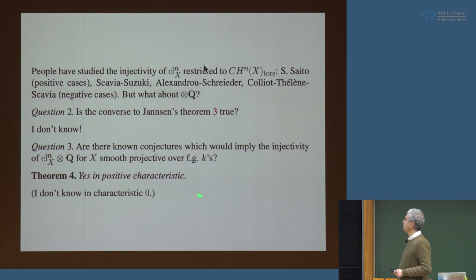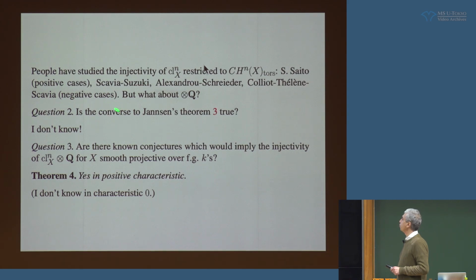If you look at the literature, you see that people study the injectivity of this cycle class map, but only with respect to the torsion of the Chow group. There are some positive results in the same paper of Shuji. And then some counterexamples, which are much more recent.